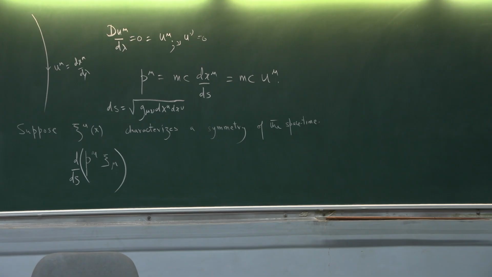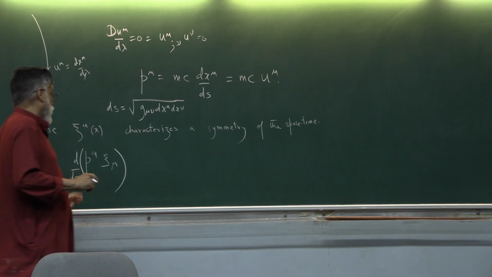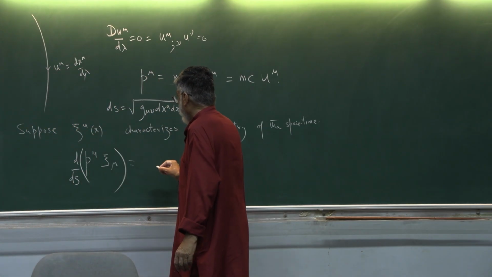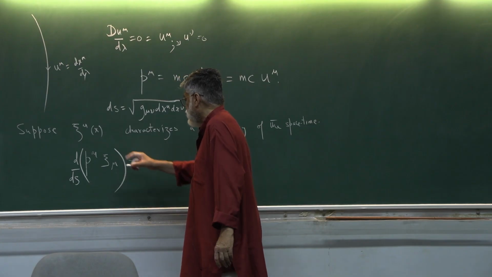Now, this is a scalar. d/ds, so this is very important, what I am going to say. By definition, from the chain rule of partial derivatives, what is this quantity?